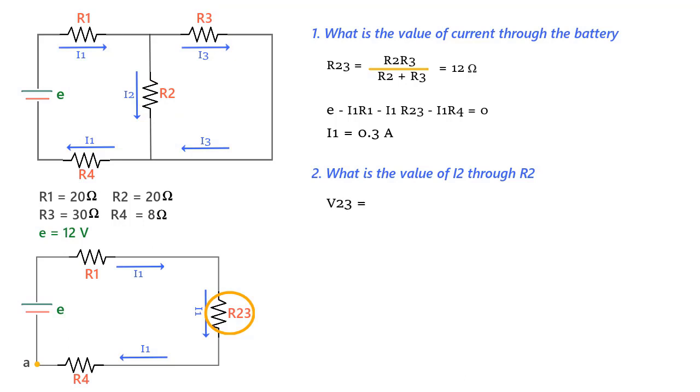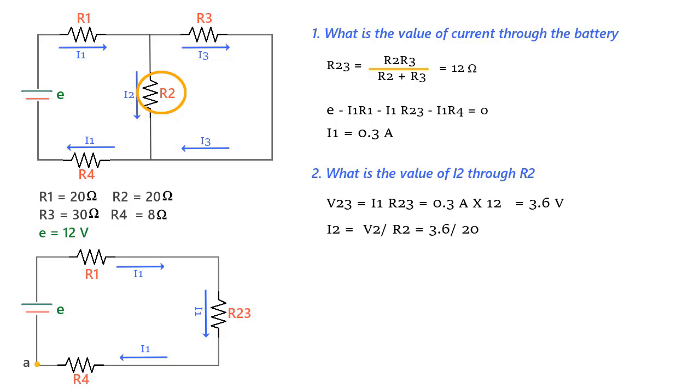That equals I1 into R23. That gives you 3.6 volts. And now we can assume the same potential difference exists across R2 as well, and therefore the current I2 in R2 equals V2 by R2, or 3.6 volts by 20 ohms. That gives 0.18 ampere.